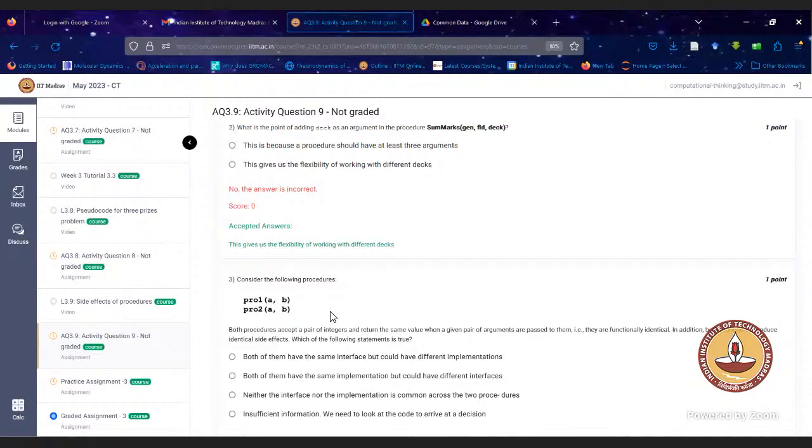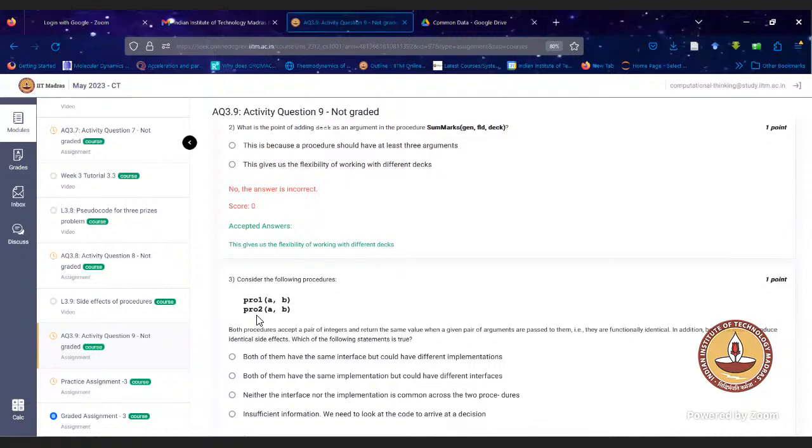Now, the implementation. The implementation in this context is that the procedures, pro 1 and pro 2, are two different procedures. They may come to the same results, but their approach could be totally different. The way the internal code works could be very different.